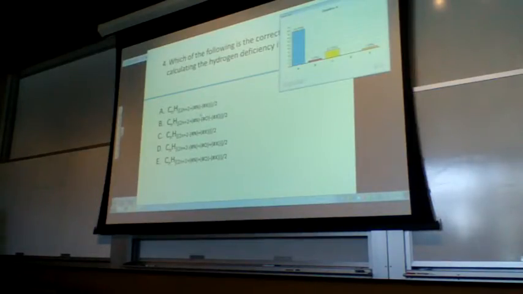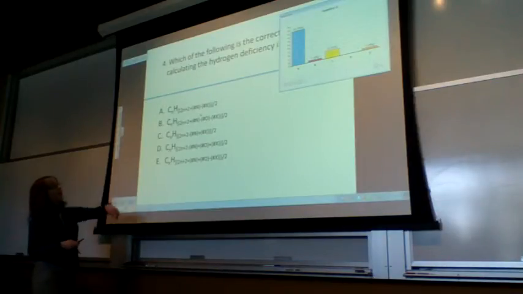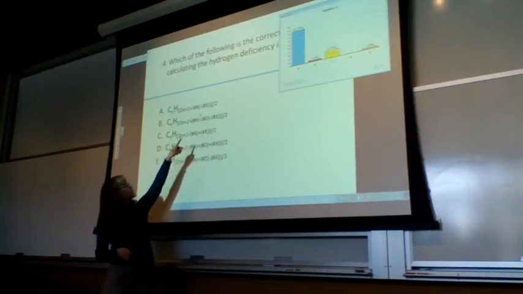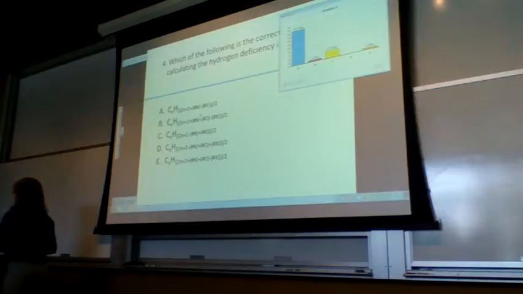Formula is adding one nitrogen and subtracting one halogen with the 2n plus 2, and then you divide the whole thing by 2.